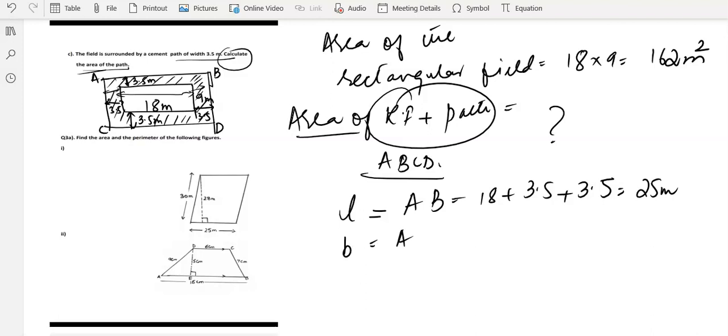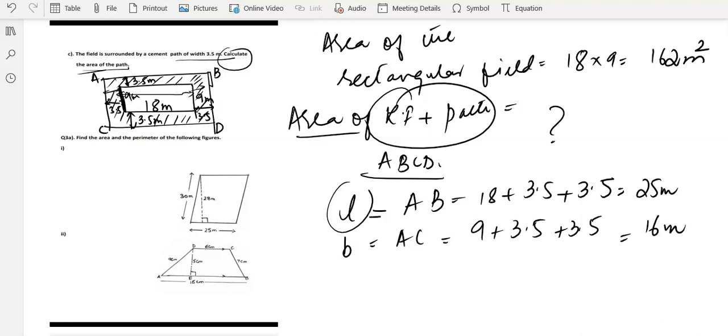Breadth AC will be, the breadth of the small rectangle is 9. It will be 9 plus 3.5 plus 3.5, and you will get 16 meters.